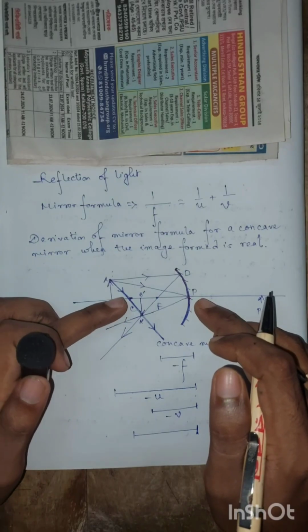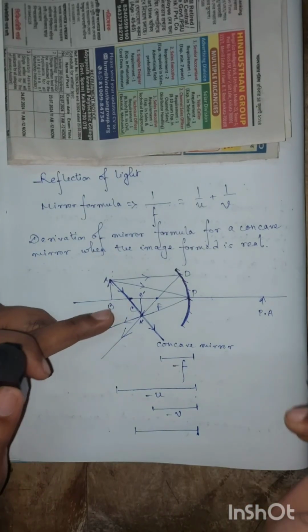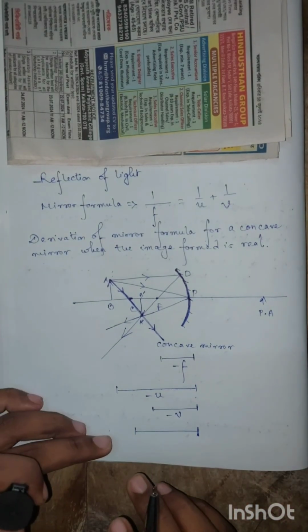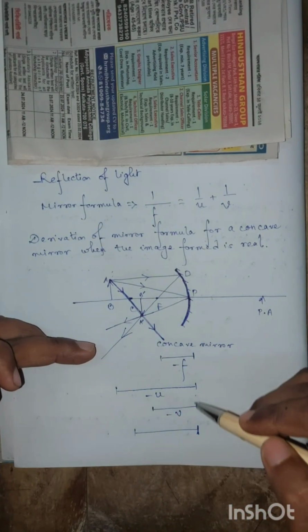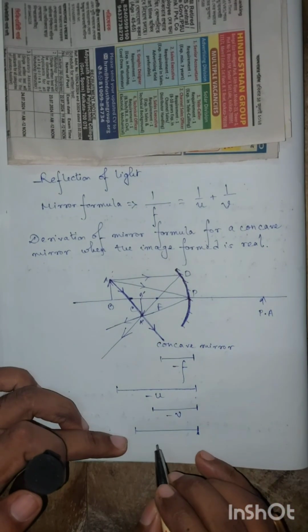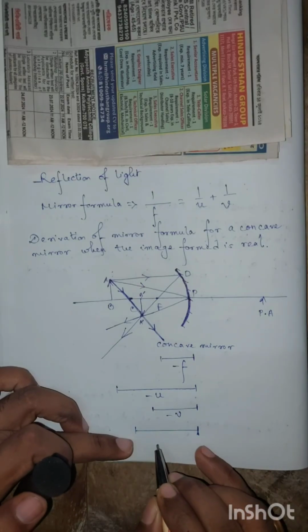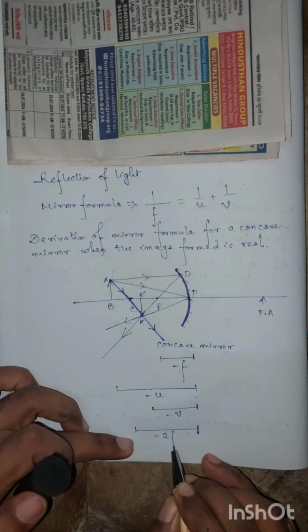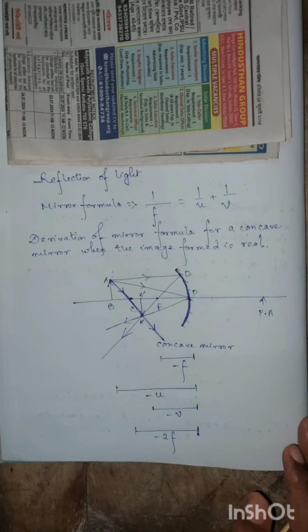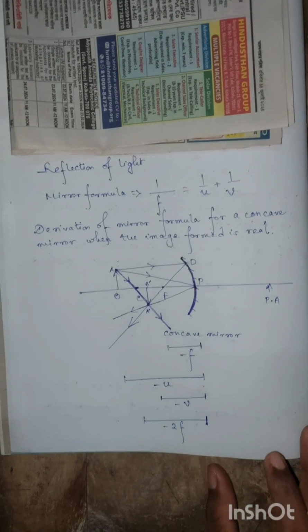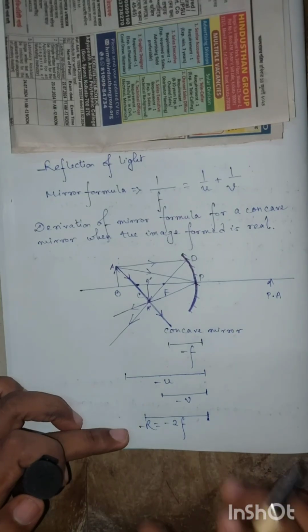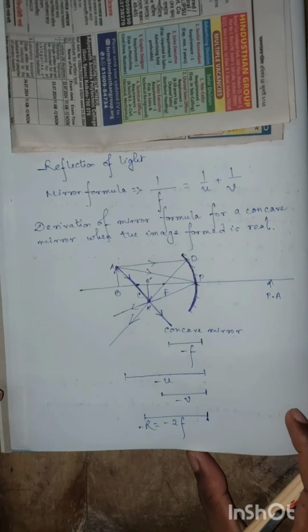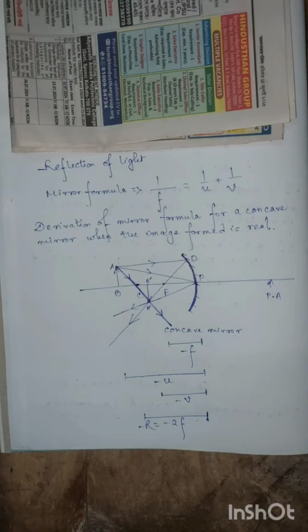This is our radius of curvature CP. So this distance is minus R, which is equal to minus 2f. This is our radius of curvature. So I hope this is clear to you.